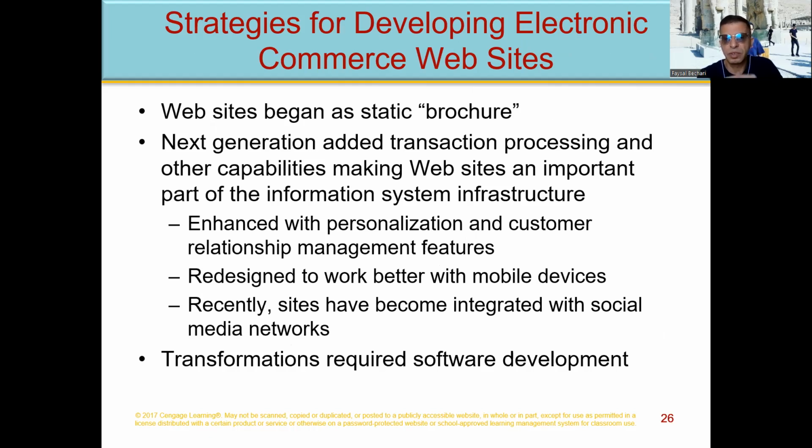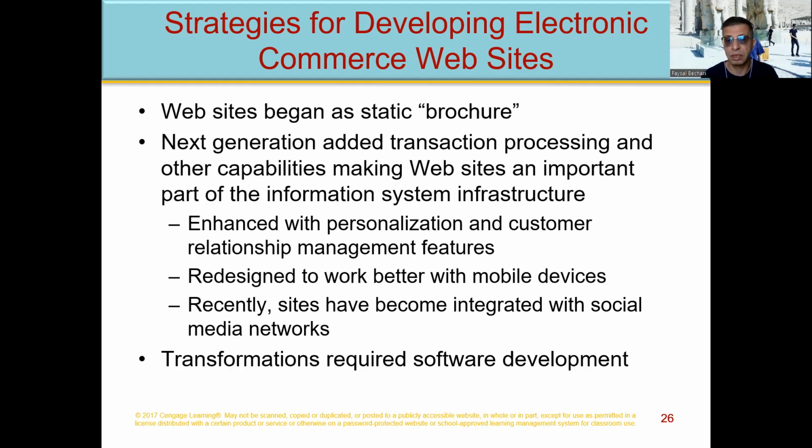So there is a certain strategy of how to build a website. You might start with a static brochure, a regular brochure, you put it there. And then you move on with enhanced personalization and customer relationship management features. Maybe you can redesign to work better with mobile devices.